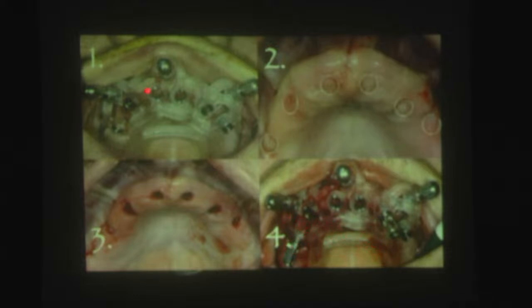So this is the guide. We make the punching out and then take the guide out. And you see, this is the trauma, the only trauma. And then the third part, we made the excisions and put the guide again, fixed in the same way, which is very easy, and then place the implants.